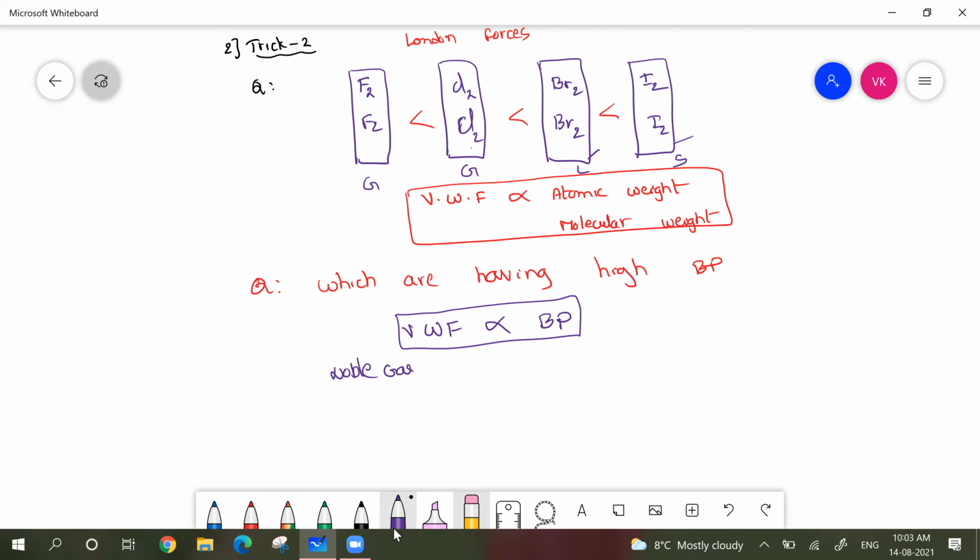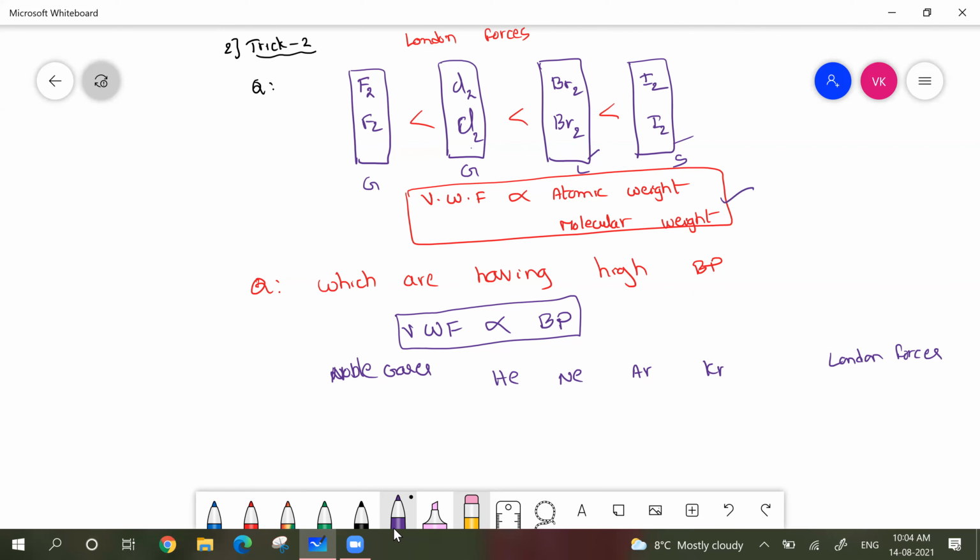Noble gases. So what are the noble gases that we have? Helium, neon, argon, krypton. Let us say in these four, which is having more boiling point. What I told you, in this case all are having London forces only. Then what do you have to compare? You just compare atomic weight.